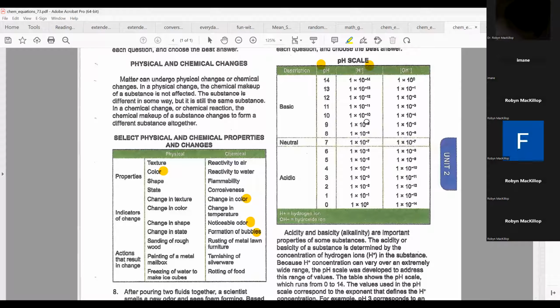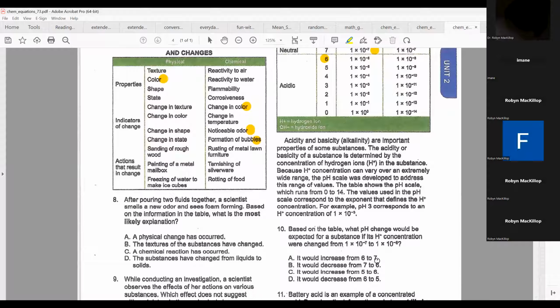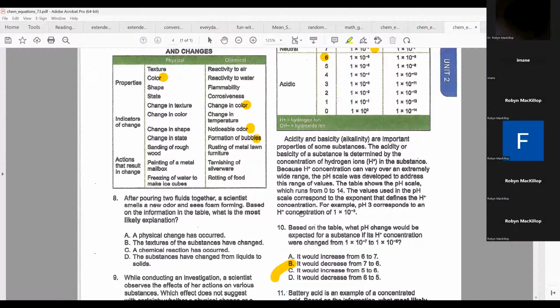So let's find 10⁻⁷ right here. Next one, it's going to go down to this one. 6. Yes, it changes to 6. Excellent. It would decrease from 7 to 6. Good job. And it's all within the table, which is really nice. And you didn't have to read this.